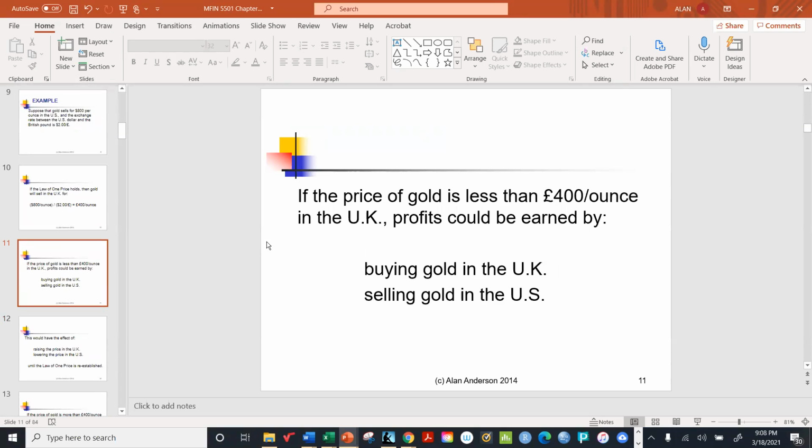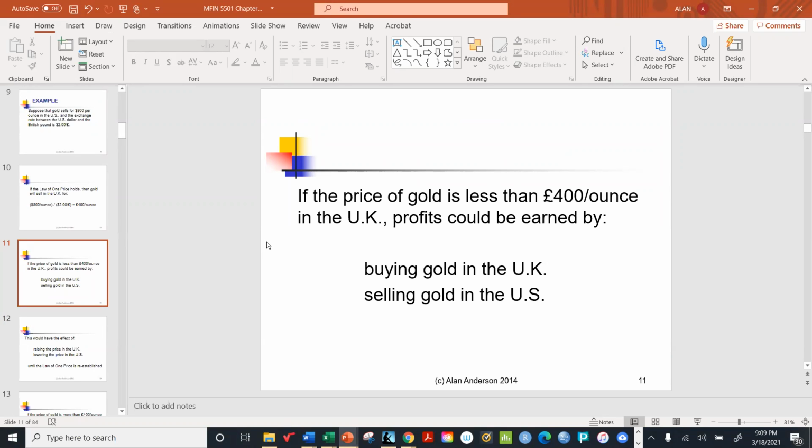Now, if not, at least in a case like this, we could earn what's called goods arbitrage profits by buying the gold in the country where the gold is cheaper and selling it in the country where it's more expensive. So if gold sells for less than 400 pounds per ounce in the UK, smart traders will buy gold in the UK and resell it in the United States. They'll earn arbitrage profits known as goods arbitrage.